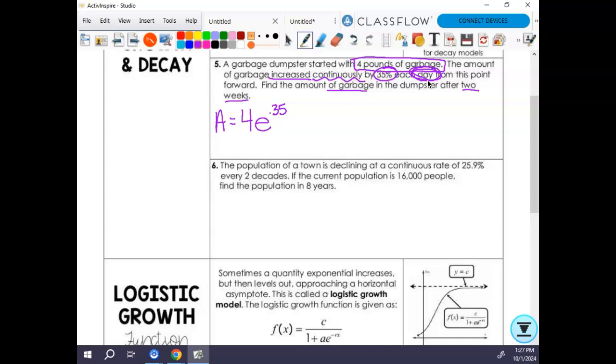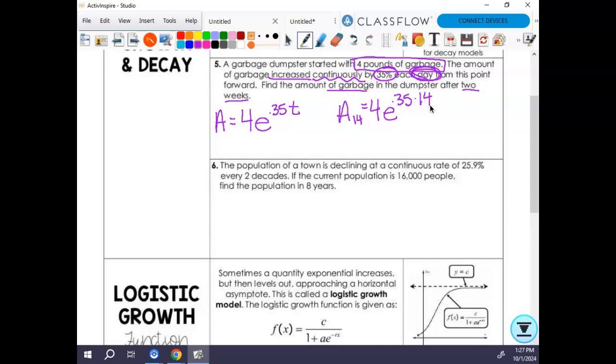Now it says each day, and it says 2 weeks. So we could be fancy with what we do here, but if we just make T days, in 2 weeks, how many days is that? 14. So when I evaluate A at 14, this is 4 times E to the 0.35 times 14 power. And then on your calculator, find E. It's under the natural log, which is next to 4.